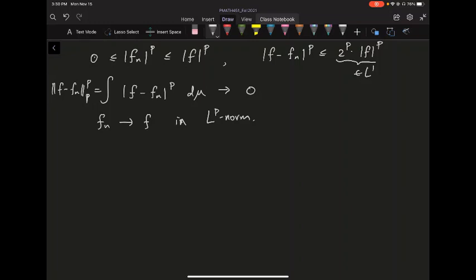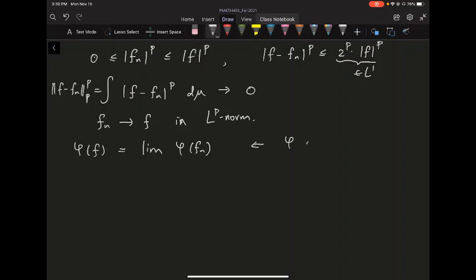Because of that, now if I consider what happens to phi of f, f is an LP limit of the fn, so this is also equal to the limit of phi of fn, because phi is continuous.